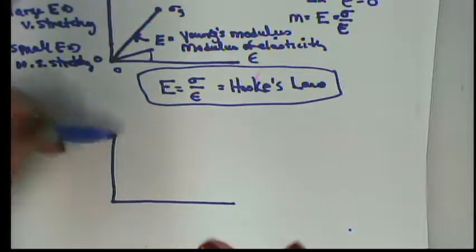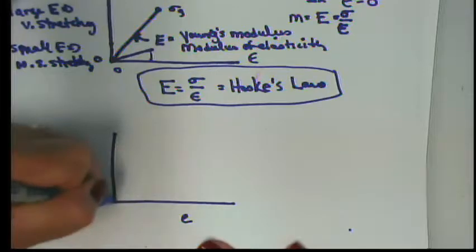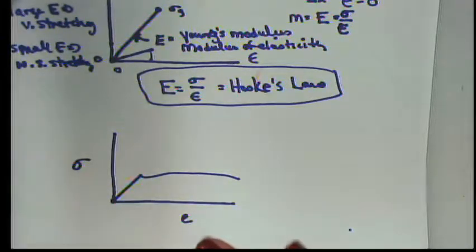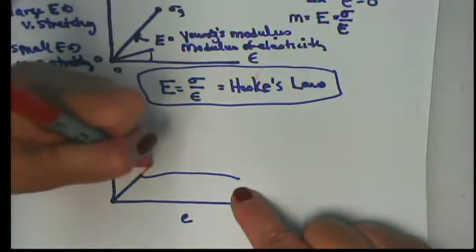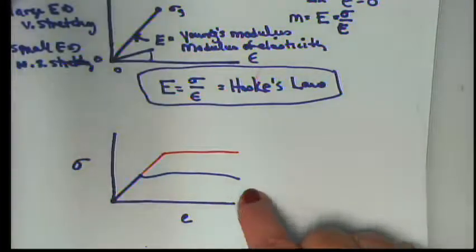So if we have sigma epsilon goes through 0, we have one material that looks like this and yields. We have another material that looks like this and yields.